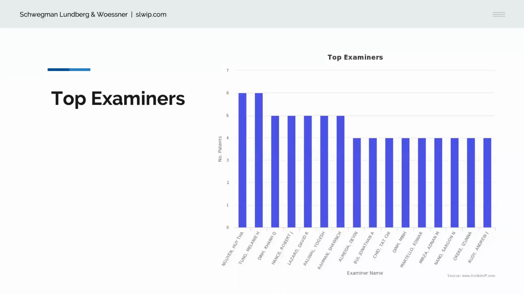Examiner outcomes can vary greatly within a particular art unit. But stats like how effective an interview is, and what the outcomes are on appeals, are particularly helpful. Oh, Steve, sorry, I think you would like to.